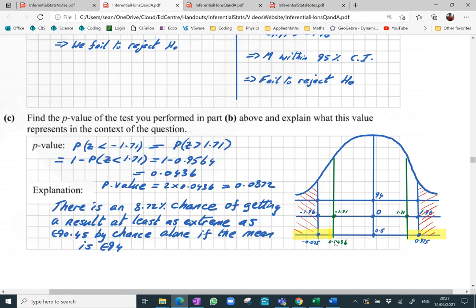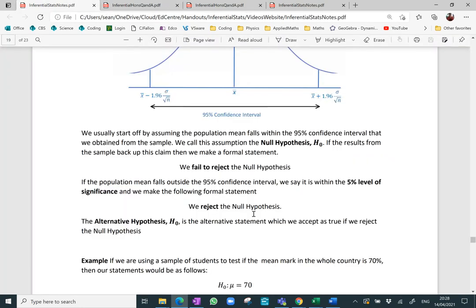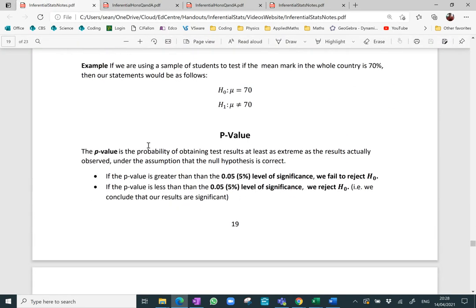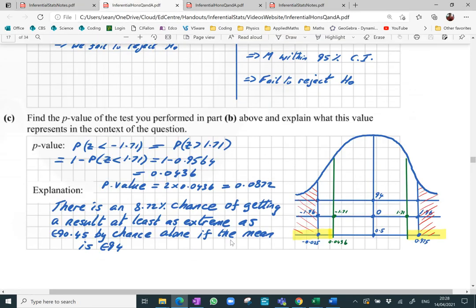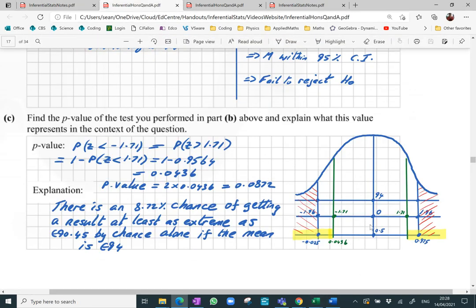So it looks like we are predicting correctly what the population mean is. Then there's this concept of p-value. And to explain the concept of p-value, I'll just go back to the notes for a sec. The p-value, by definition, is the probability of obtaining hypothesis test results that are at least as extreme as the results actually obtained, assuming that the null hypothesis is correct. So what does all that mean? If we go back to the example, 94 is the population mean, as we saw.